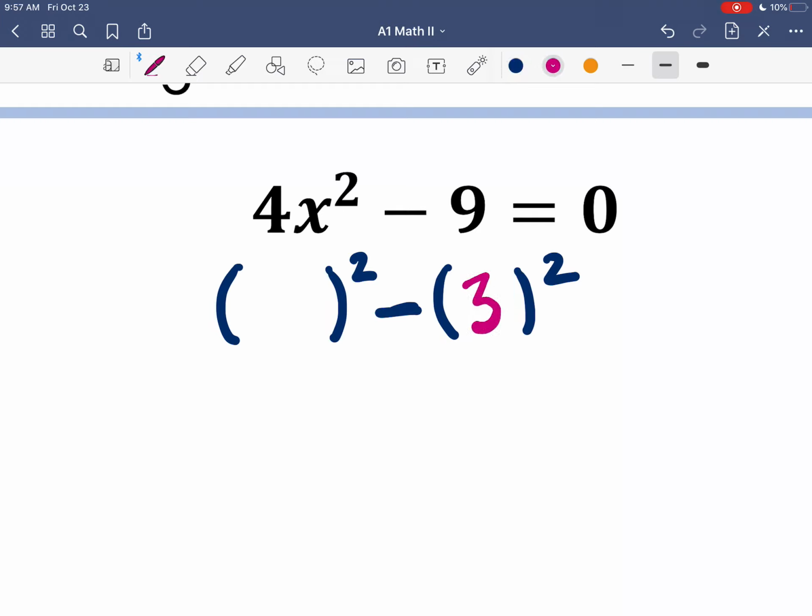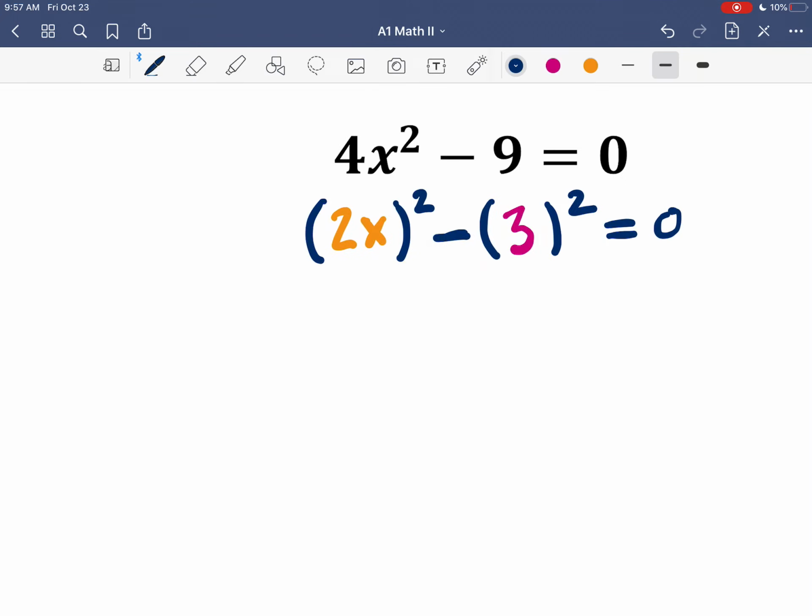So 9 can be 3 squared, and 4x squared is the same thing as (2x) squared, because 2x times 2x makes 4x squared. So we've written them both as something squared, and it's still equal to 0.